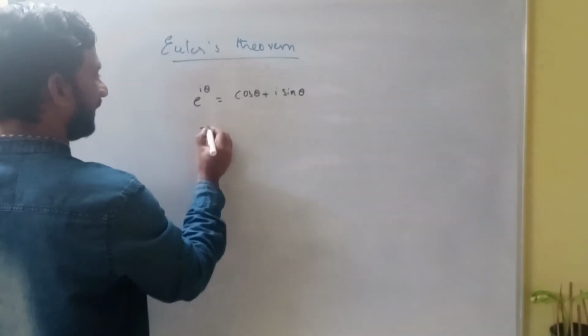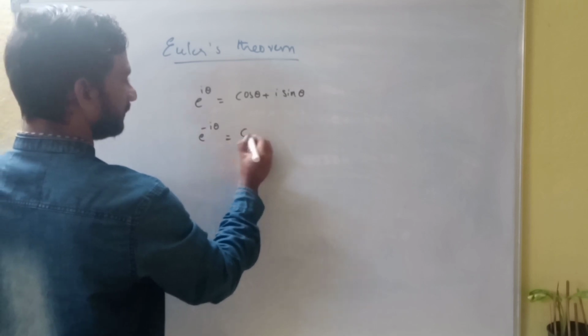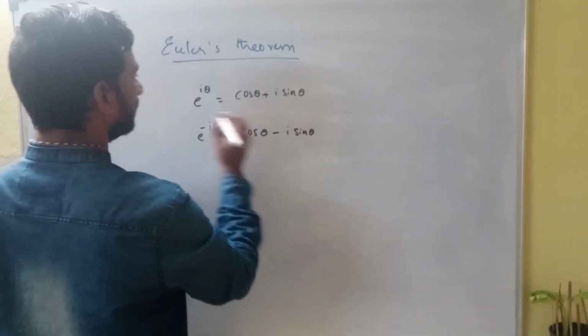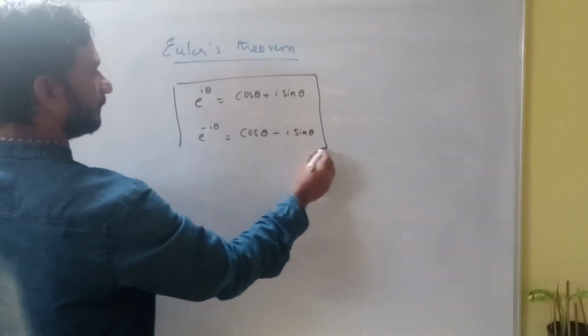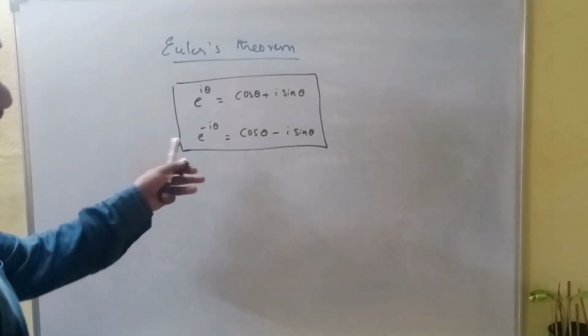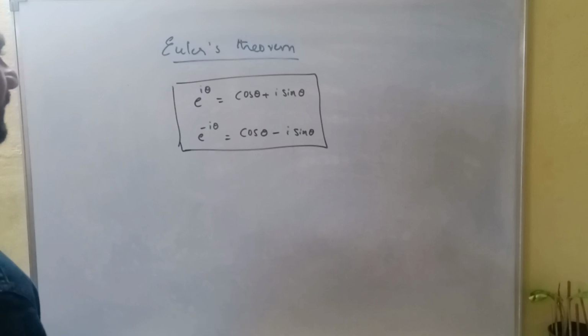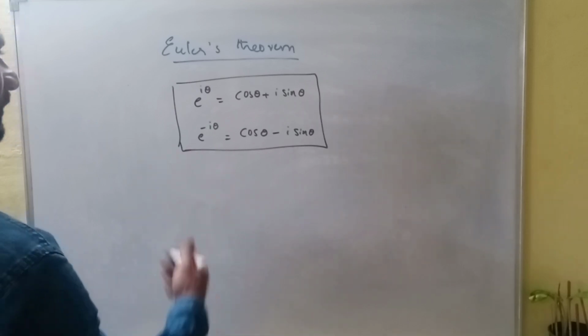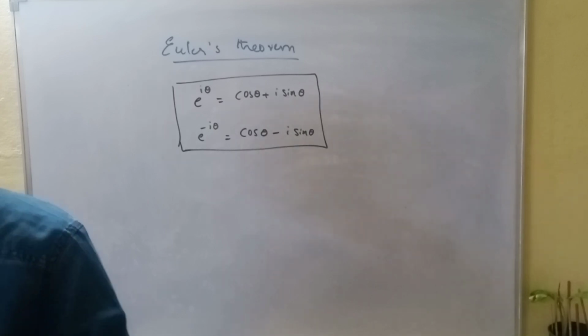One more, e power minus i theta is equal to cos theta minus i sin theta. So Euler's theorem says that e power i theta is equal to cos theta plus i sin theta, and e power minus i theta is equal to cos theta minus i sin theta.